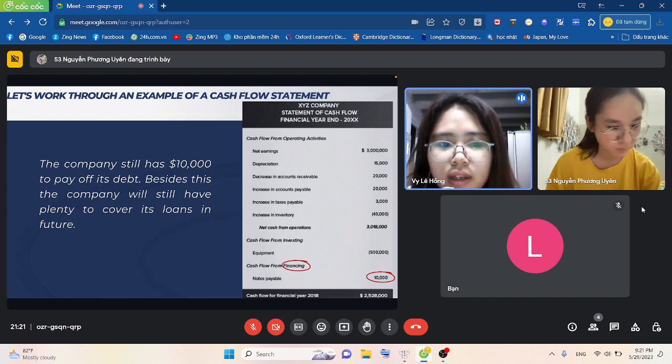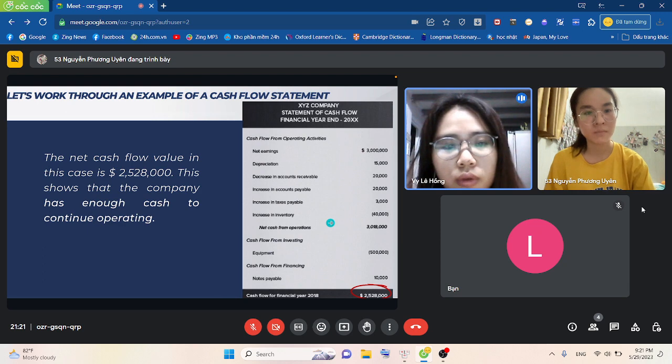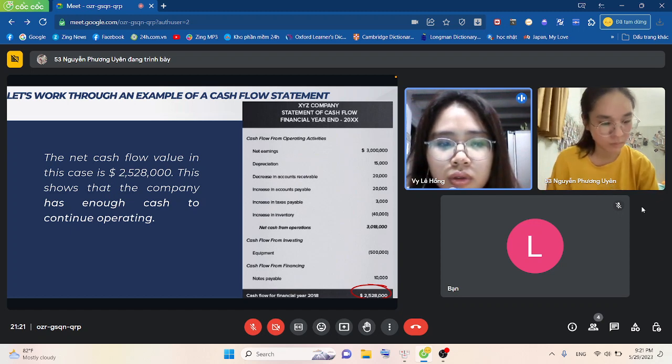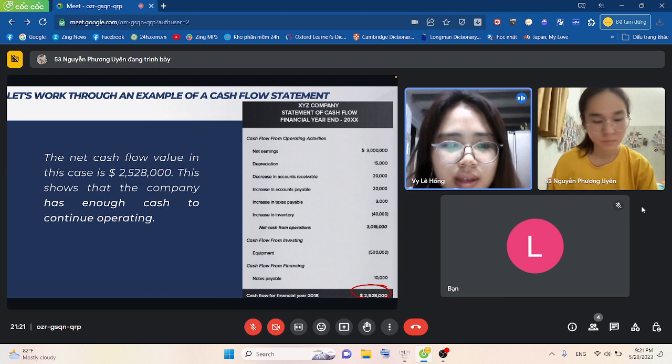And when you add the net values from these three sections of the cash flow statement, you get the net cash flow value. We see it indicates 2,528. This shows that the company has enough cash to continue operating.